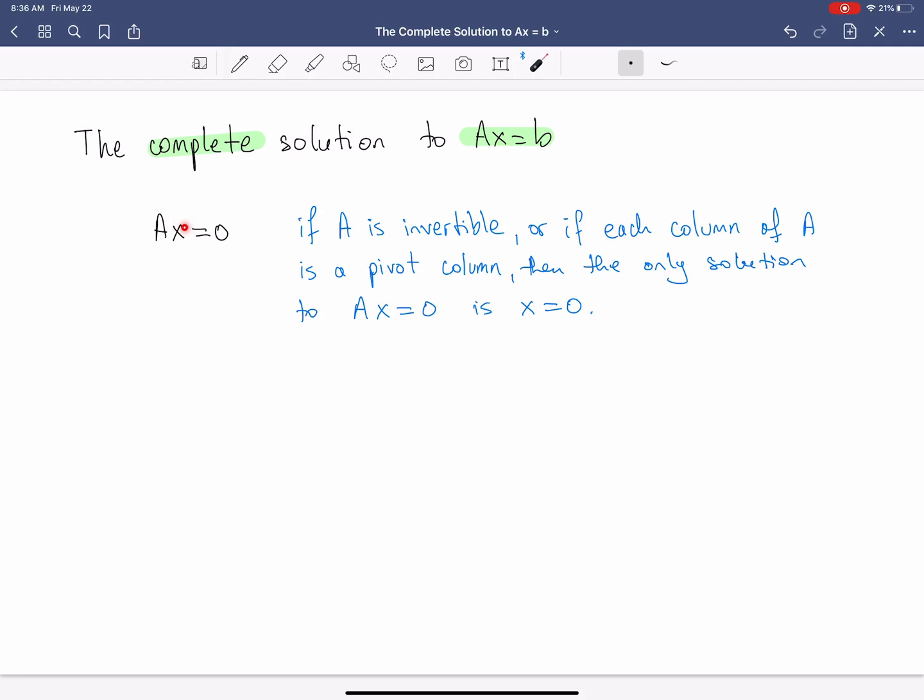That would imply that the columns of A are linearly dependent, which can only happen if we have at least one free column. So if each column has a pivot, which means all columns are linearly independent, the only way to combine them to get a 0 is if we multiplied every column by a 0. That's what this statement over here says.